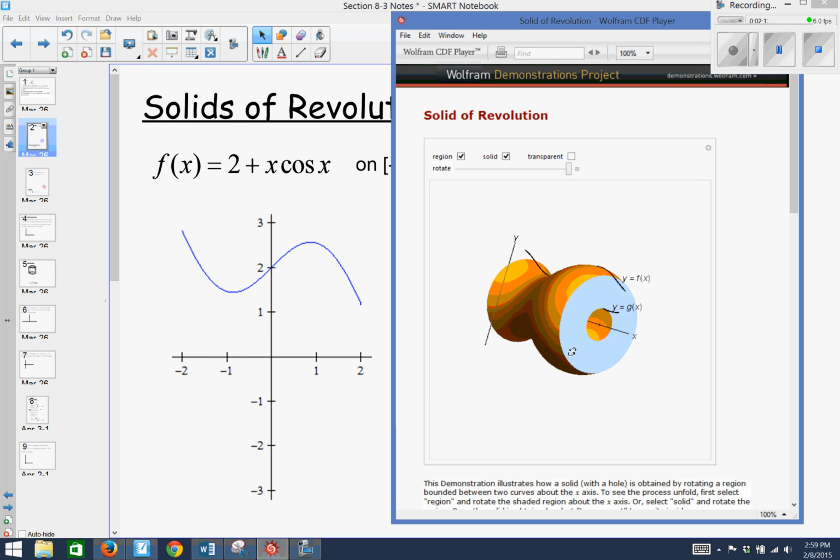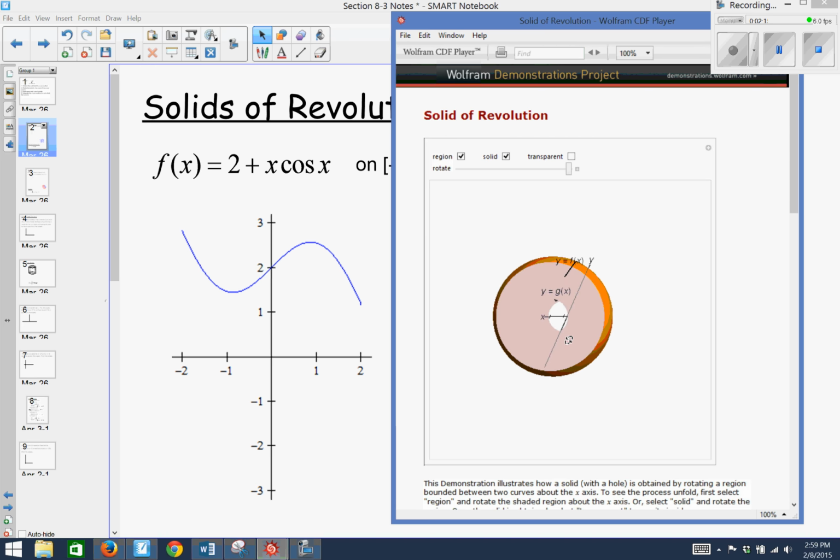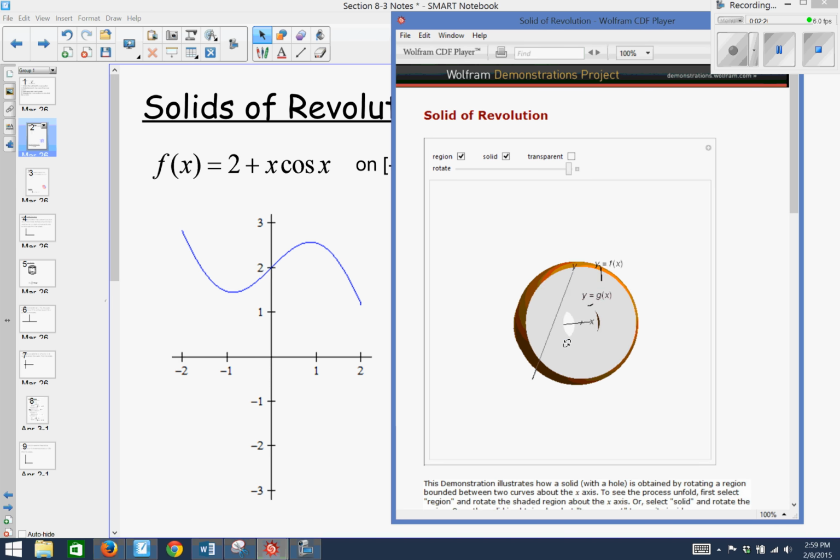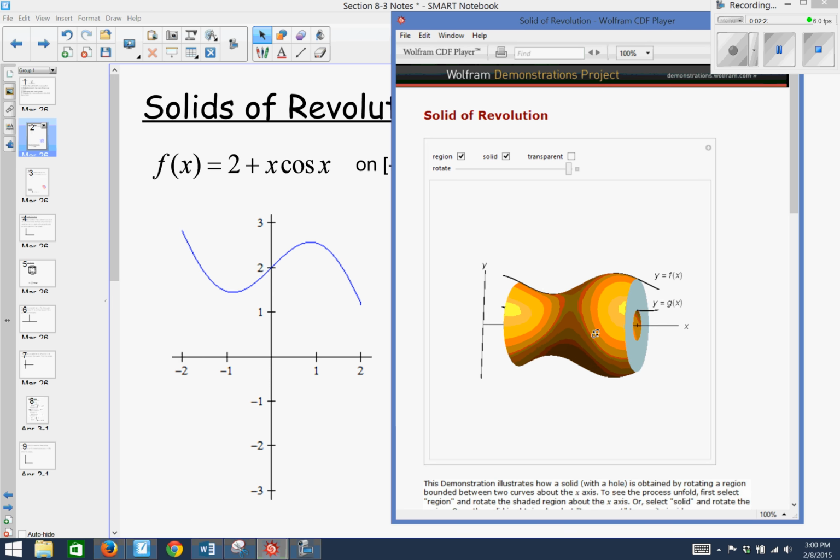More importantly for us, we can see that its cross sections are circles as we look at it from the end. And that helps us get an idea then that anytime we rotate a function, we're going to be getting circles as cross sections.